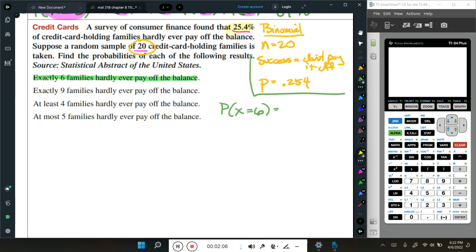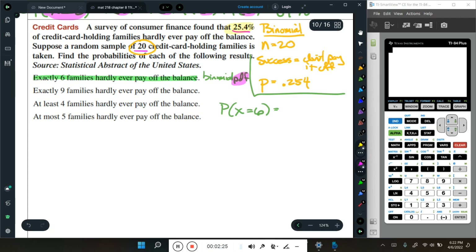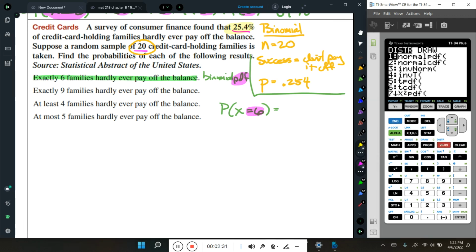Now I could use that formula, but if you've learned nothing about me, I hope that you've learned that I'm lazy and I like to use technology when I can. So I am going to use that binomial PDF, because I just want one value for my random variable. So I'm going to go back to that distribution menu.